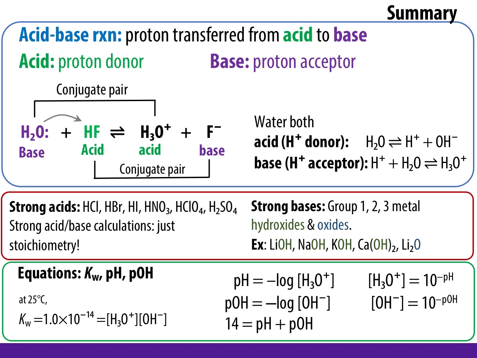Then you should also be able to do these calculations for strong acid and strong base pHs, all just based on stoichiometry and using the provided equations. Again, start memorizing these strong acids and strong bases now so that you can deal with them once we start mixing in weak acids and weak bases.